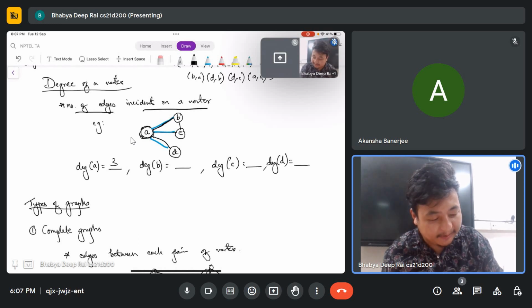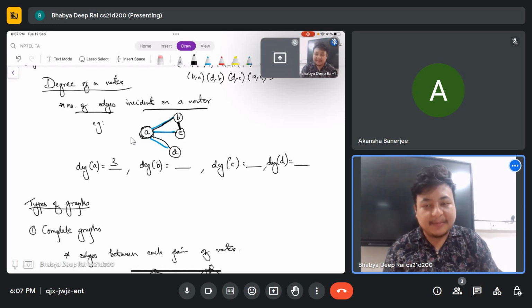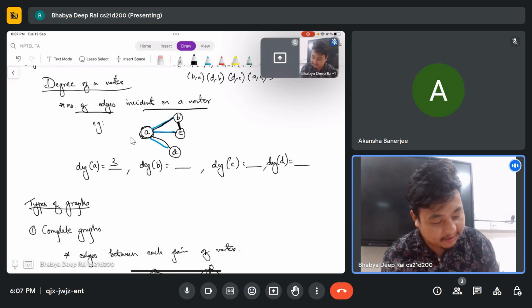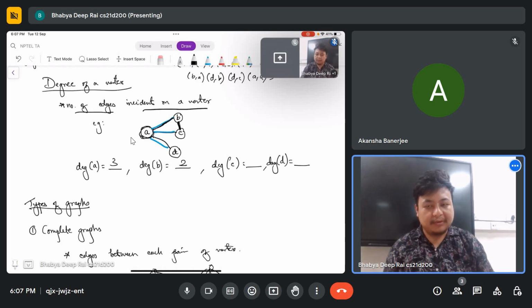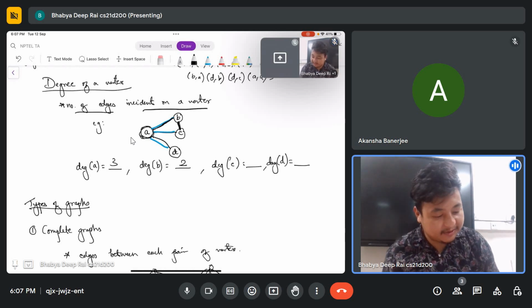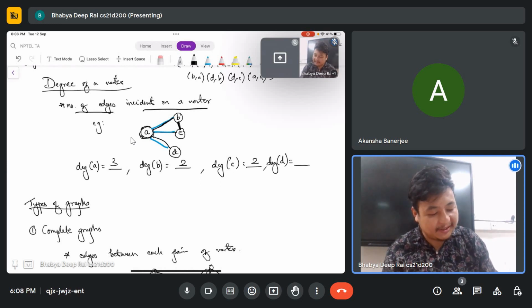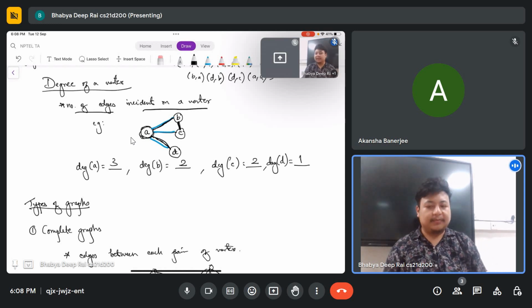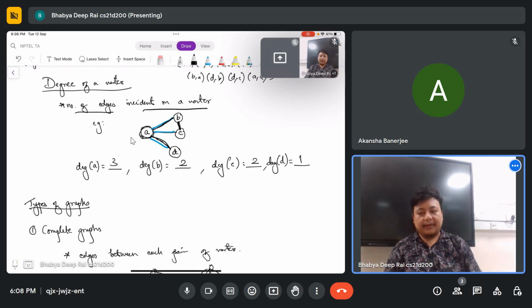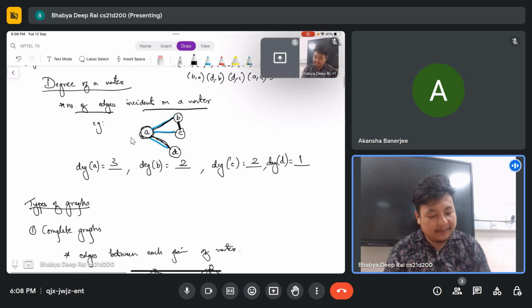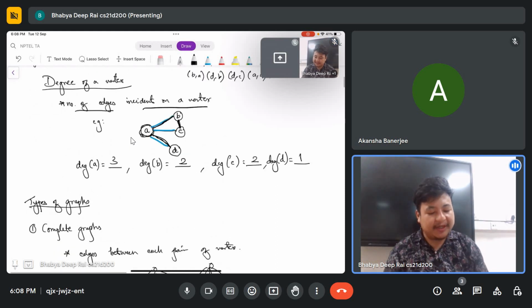B is connected to A by one edge, and B is connected to C by one edge. So the degree of B is 2. Similarly, what is the degree of C? 2. And the degree of D is, there's only one edge incident on D, so it's 1. So that's about degree.